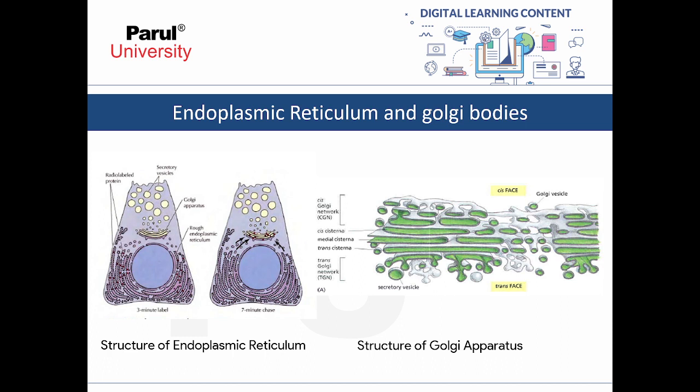It is thought that these cargo proteins display exit signals on their cytosolic surface that components of COP2 recognize. These COP2 components act as cargo receptors and are recycled back to the ER after they have delivered their cargo to the Golgi apparatus. Soluble cargo proteins in the ER lumen, by contrast, have exit signals that attach them to transmembrane cargo receptors, which in turn bind through exit signals in their cytoplasmic tails to components of the COP2 coat.